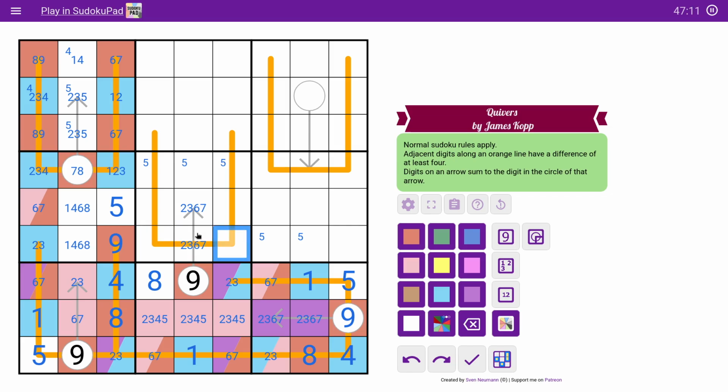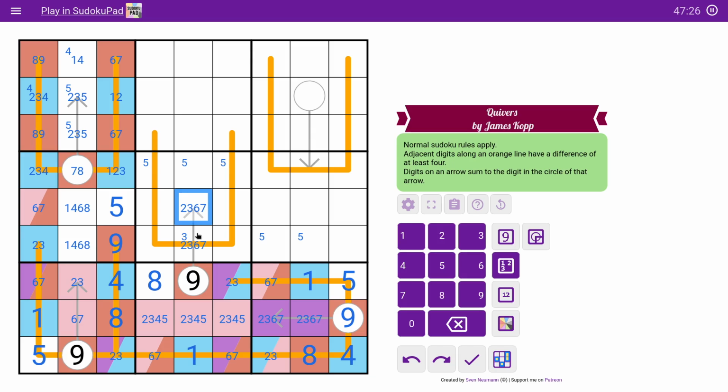1, 2, 3. What about a 3? 3, 6, 7, 8. 3, 6, 7, 8. 7 has to go with 1 or 2, making this 5, 6, or 9.